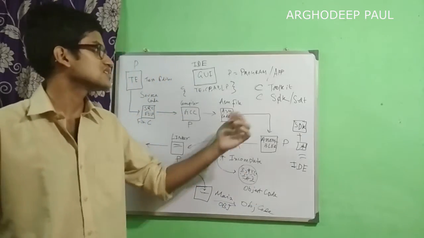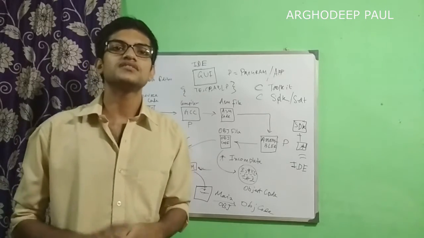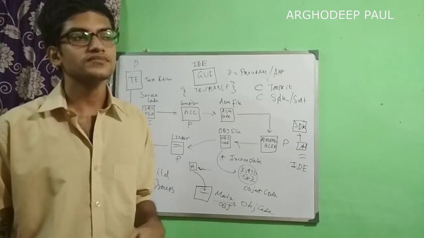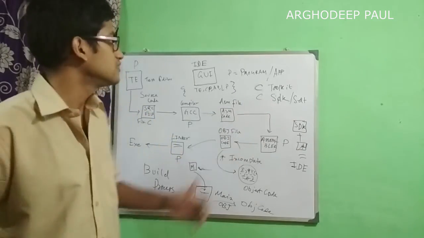This is how the IDE is different from the toolkit. So when we are talking about the environment setup for C programming or any other programming language, we are actually talking about these things. These things are our concern.